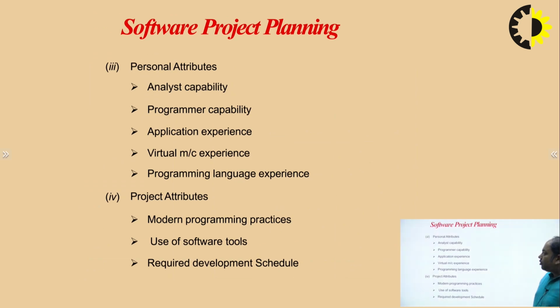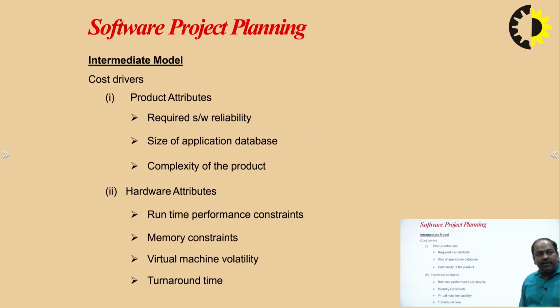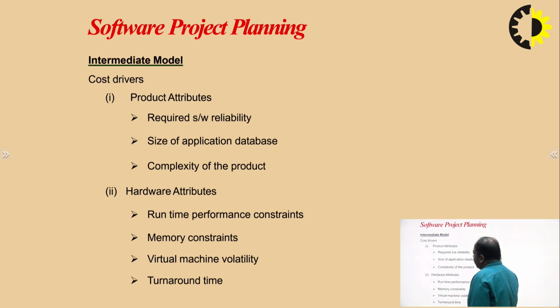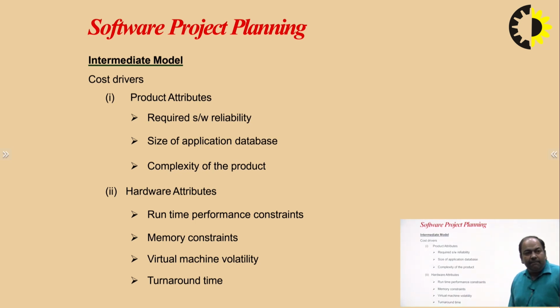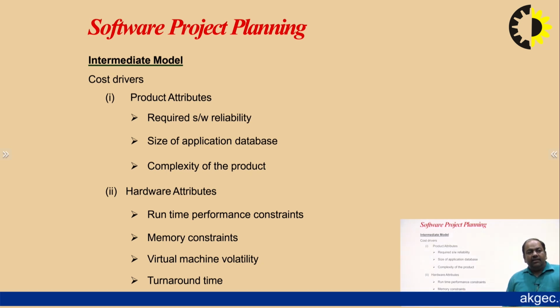When we talk about these attributes, first is product attributes, in which the first attribute is required software reliability. The second attribute is size of application database. The third attribute is complexity of the project. So these three attributes come under the product attributes.